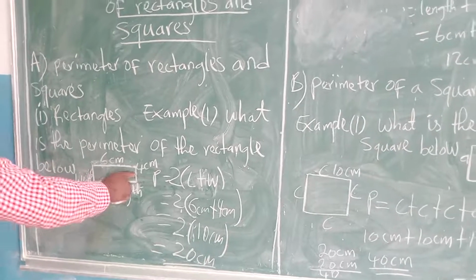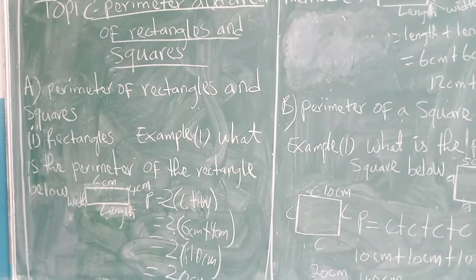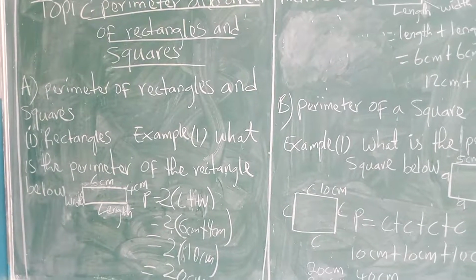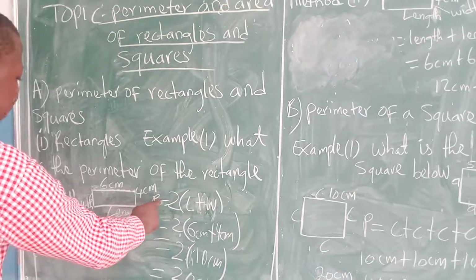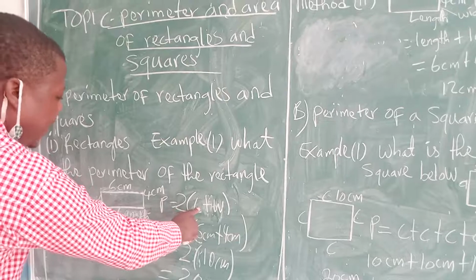And the formula we are going to use here, the first method, is P equals 2 in bracket length plus width, meaning 2 length plus 2 width.